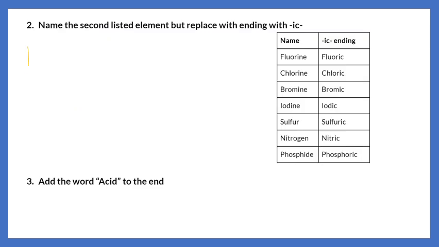Step 2. So far we have hydro written. Name the second listed element, but replace the ending with ic. So we're trying to name HCl. The second element is the Cl, which is chlorine. So we want to use the ic ending, so we're going to use chloric. So hydrochloric, there's that ic ending. And then step 3, add the word acid.